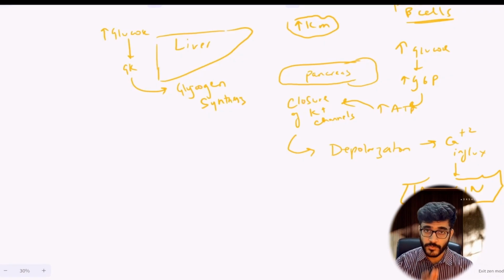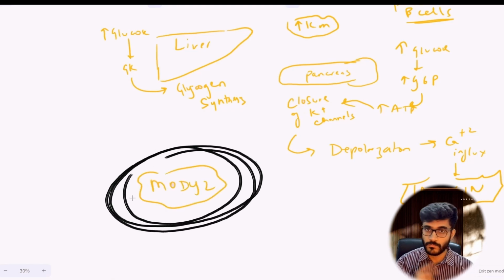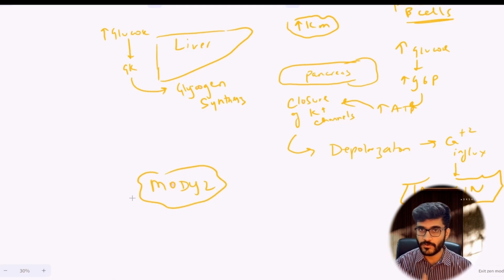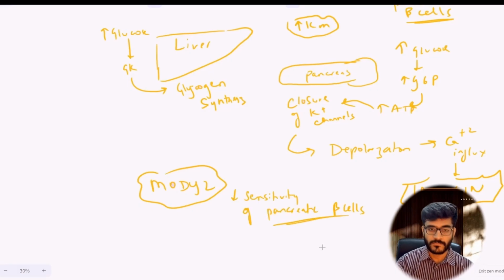In fact, mutations in glucokinase can lead to MODY2, which is short for maturity onset diabetes of the young type 2. It is a mild form of diabetes because the pancreatic beta cells become less sensitive to glucose. And if they get less sensitive to the glucose, then the insulin secretion will decrease.